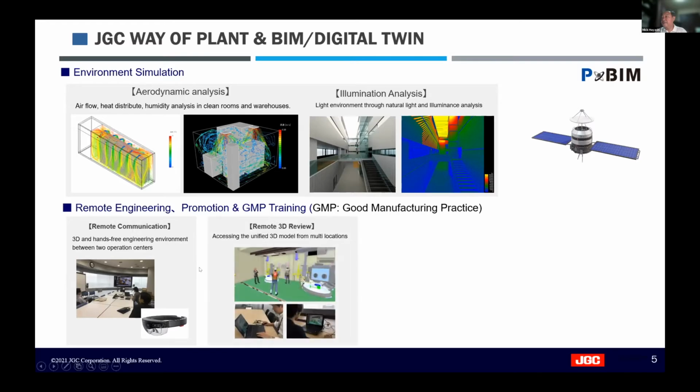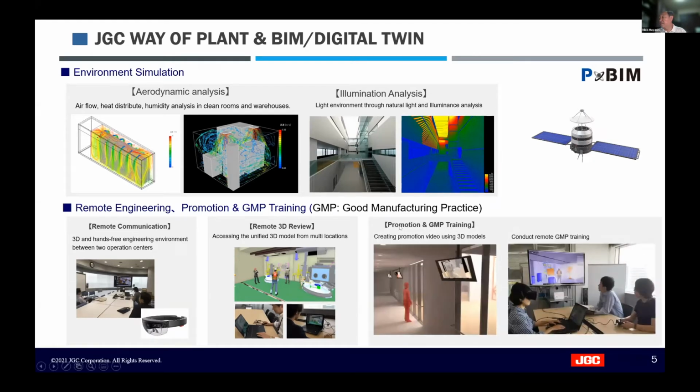And remote 3D review, accessing the unified 3D model from multiple locations. And promotion and GMP training, creating promotion videos using 3D models, conducting remote GMP training.